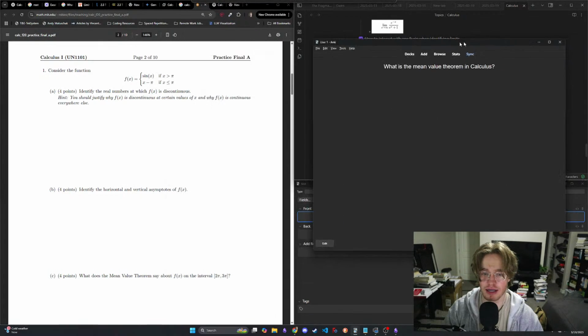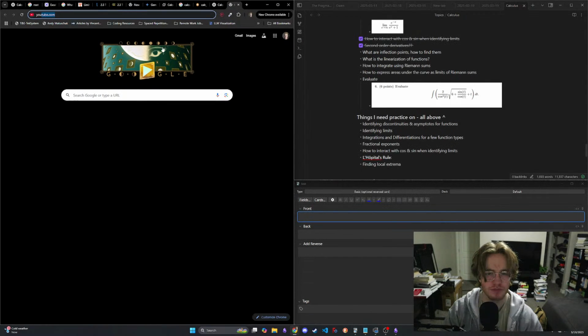I guess put simply, for a given function where 2 points are specified, there is a point between the 2 points whose instantaneous slope matches the slope between the 2 original points. And then we do have some conditions for that. I just realized I'm not sharing. So that's the mean value theorem.